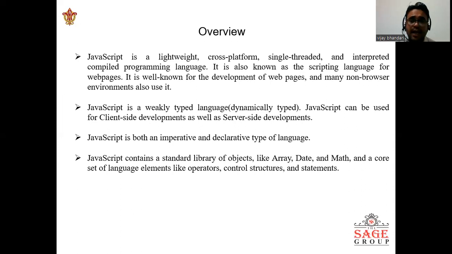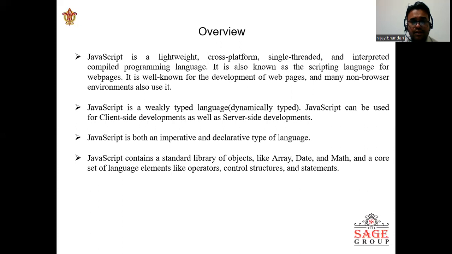JavaScript is a lightweight, cross-platform, single-threaded, interpreted compiled programming language. It is also known as the scripting language for web pages. It is well known for the development of web pages, as I said before. Many non-browser environments also use it.